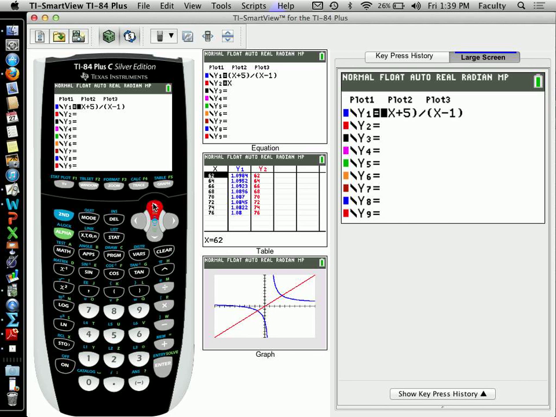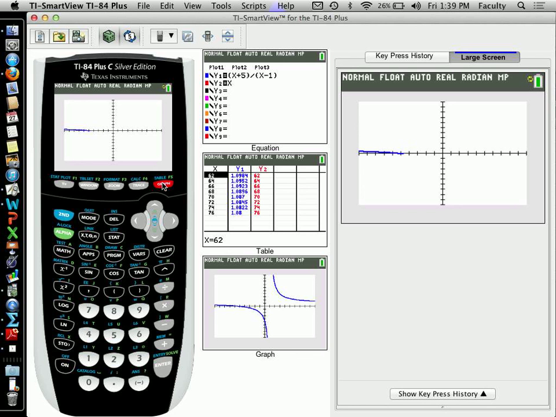Go to your Y screen and let's go enter the original graph, x plus 5 in a parenthesis divided by x minus 1. And then do zoom 6. Why do you think the function and the inverse are identical on these two graphs?